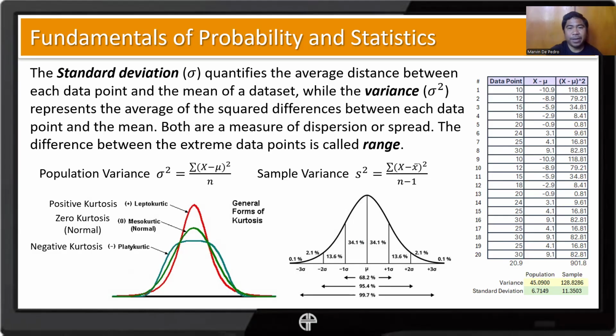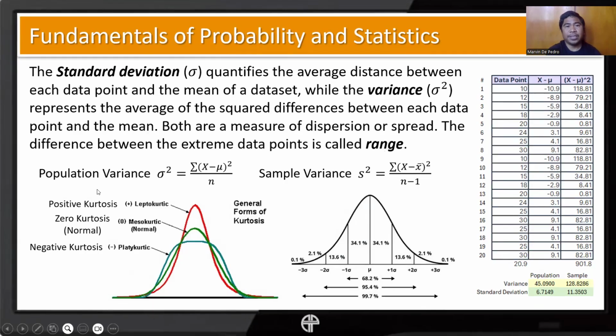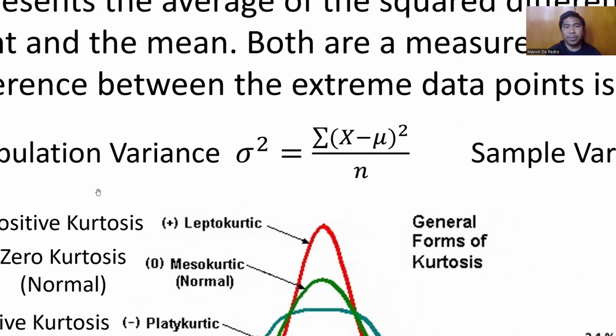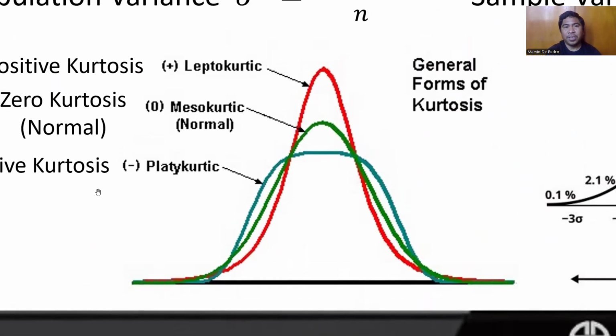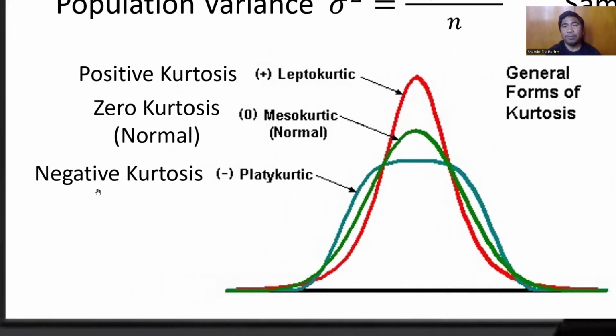In the meantime, the standard deviation actually determines the kurtosis of your data set. Kurtosis refers to how spread your data set is. If it is just normal, our kurtosis is specifically described as mesokurtic.